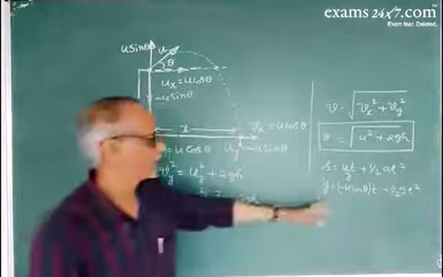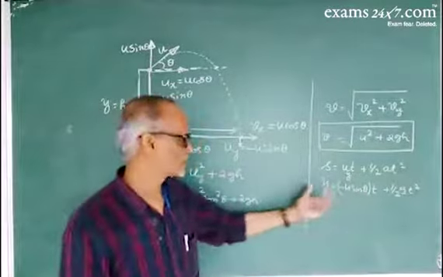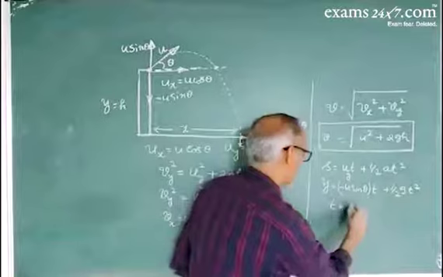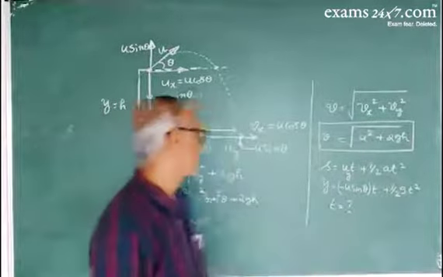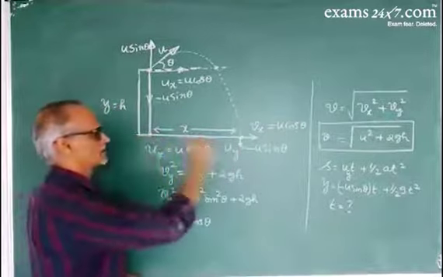So here you will get a quadratic equation, and you can solve for t to find the time. And once you get the value of t, it's very easy to find the horizontal distance.